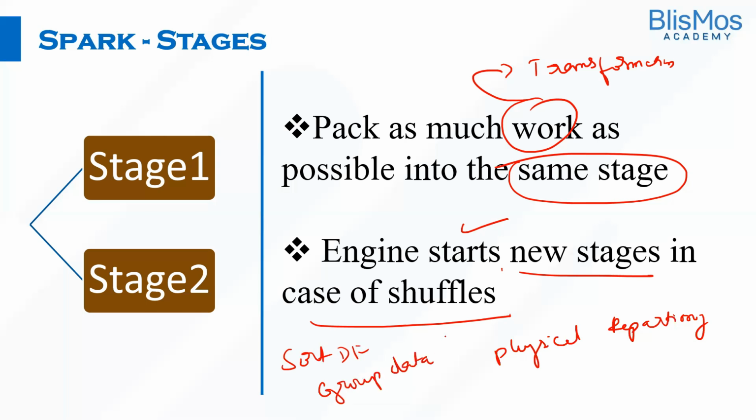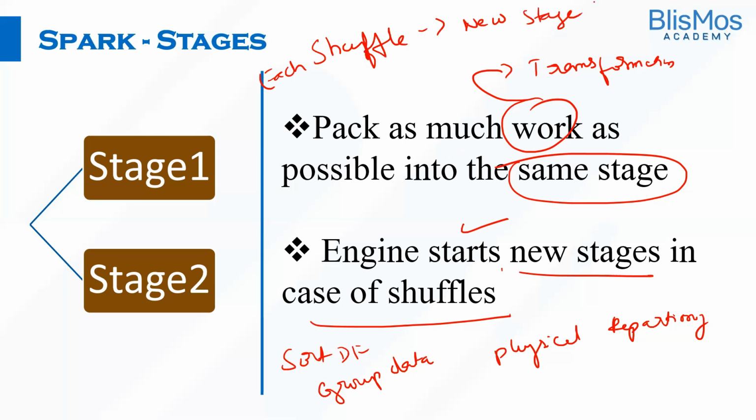In those cases, shuffle happens because it requires sending the records from one node to another node. So whenever there is a shuffle, Spark starts a new stage. For each shuffle, there is a new stage created.